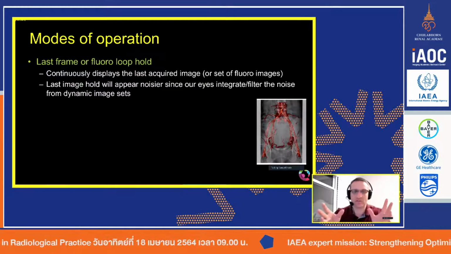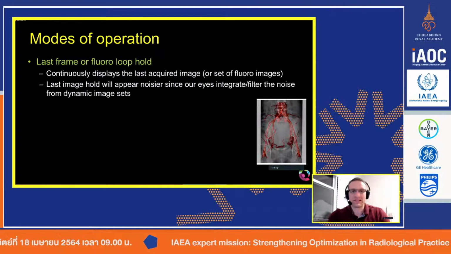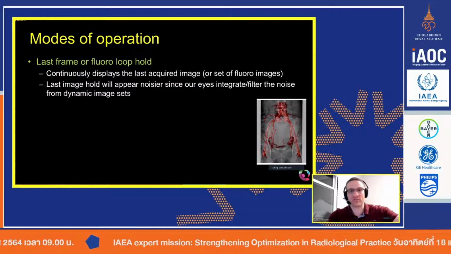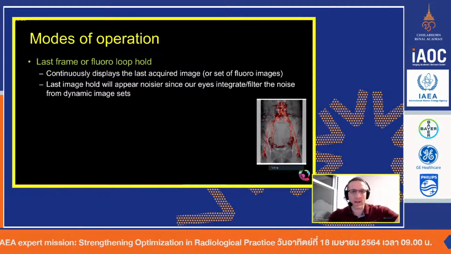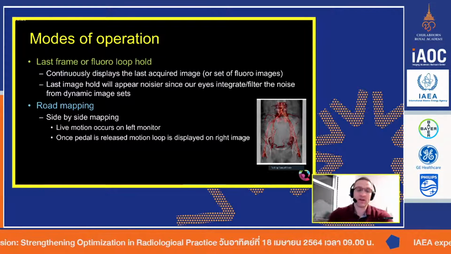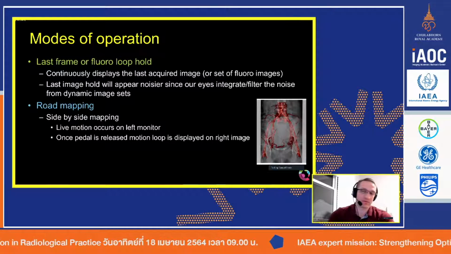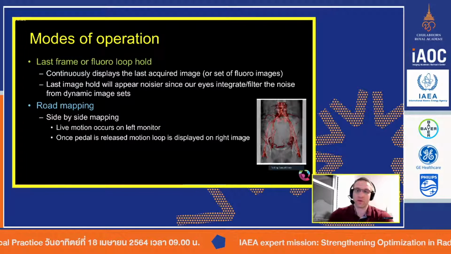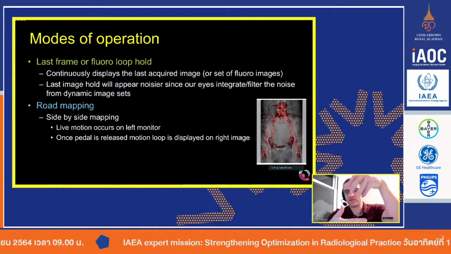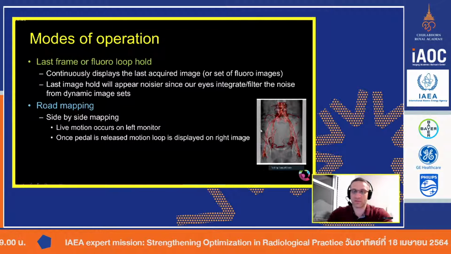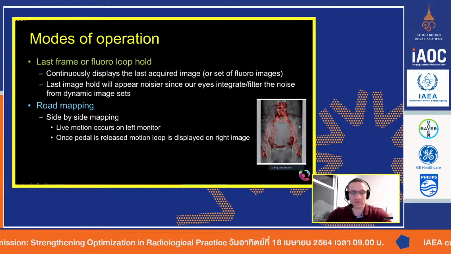Your last image hold will look good, and so will your temporally acquired images. And this means you can do other things that are helpful for dose reduction and actual imaging, such as road mapping, or you take those last image holds and they can be displayed as you do dose mapping, like with your angiographic imaging, where you're really just trying to make the vessels pop.